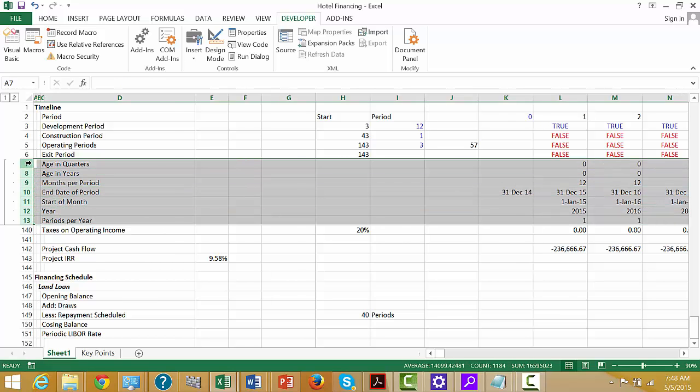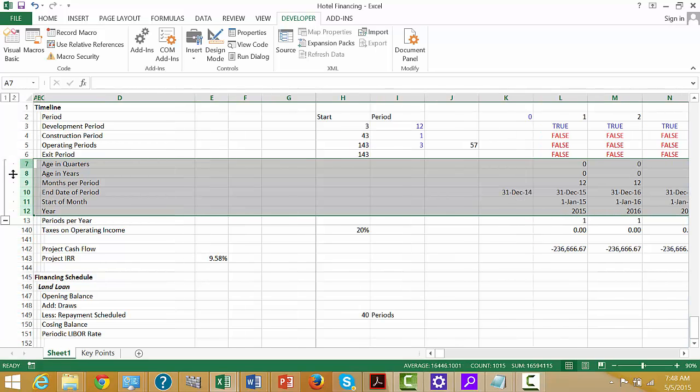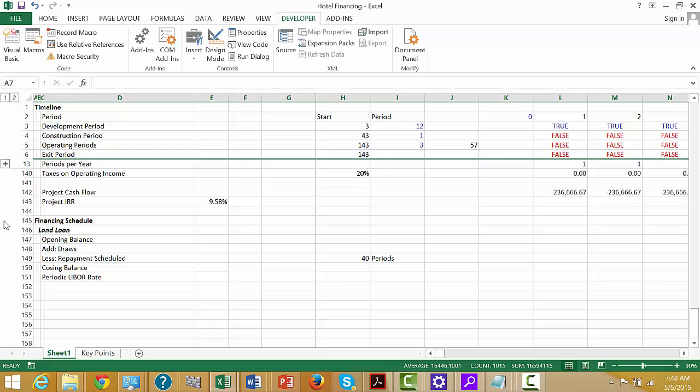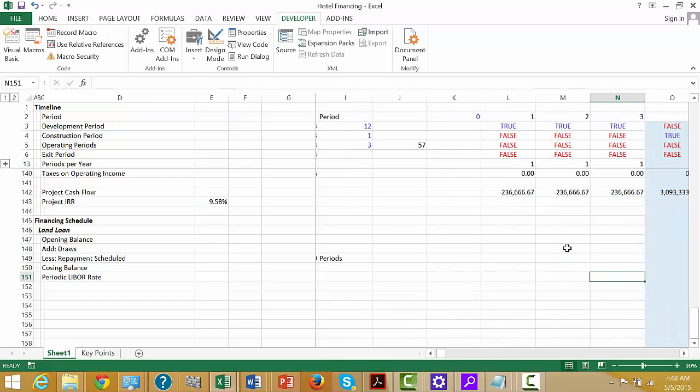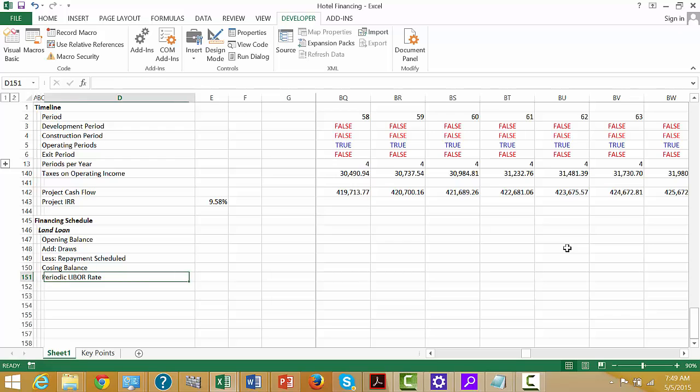Select this, Shift Alt Left Arrow takes it away, Shift Alt Right Arrow, and then we can see the periods per year, because we're going to have to divide the LIBOR rate by this number depending on what quarter we're in. Okay, and then we'll put the credit spread and get a total interest.